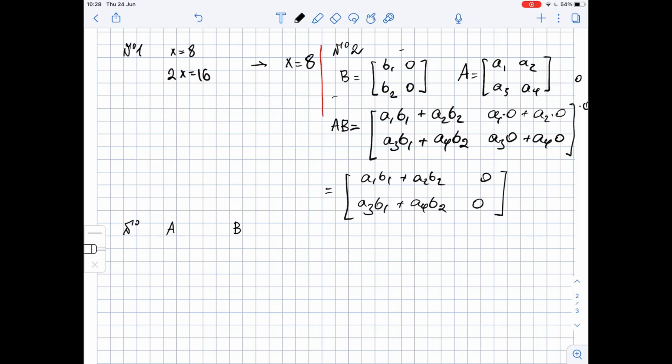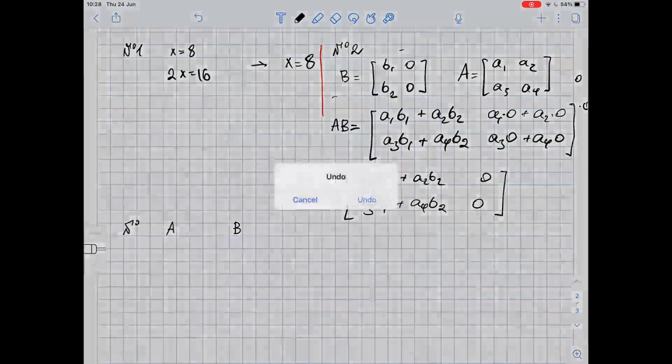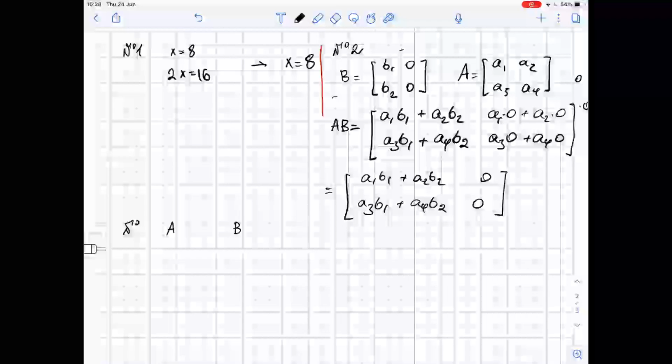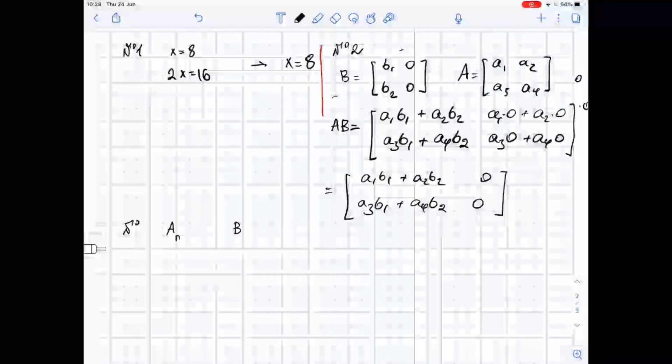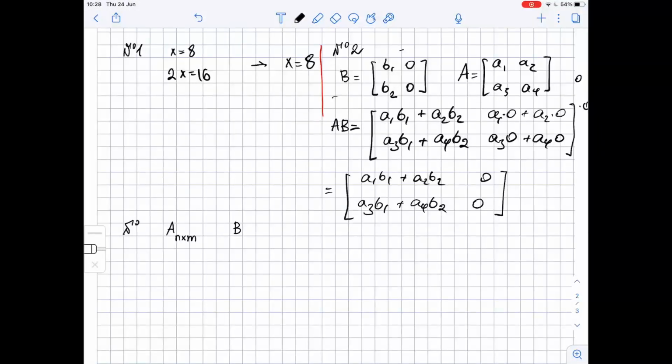So if we are able to find product AB, suppose the number of rows in matrix A is n and the number of columns is m. That means that the number of rows in matrix B is also m. Let it be some k. So A is an n by m matrix, B is an m by k matrix, so AB is defined.